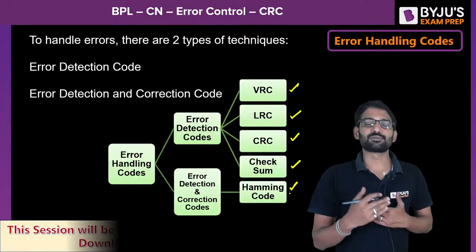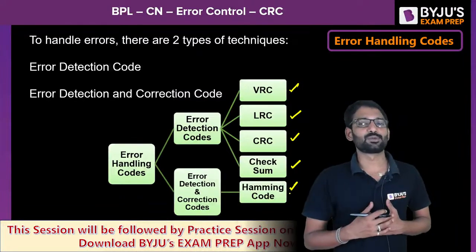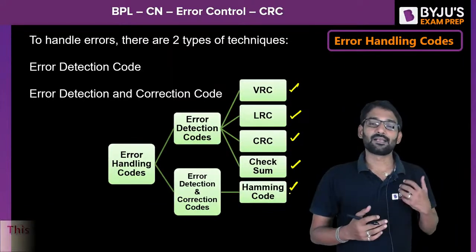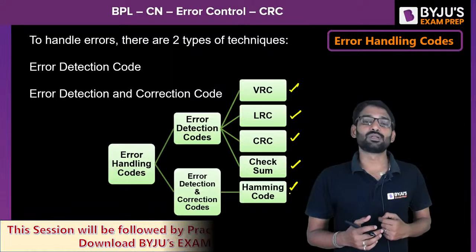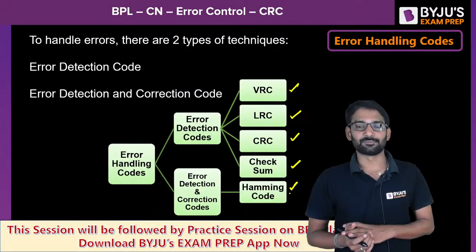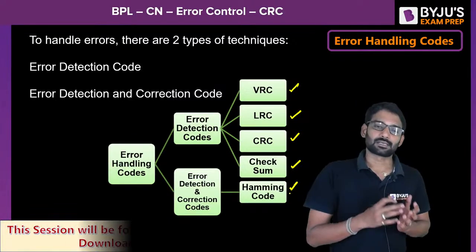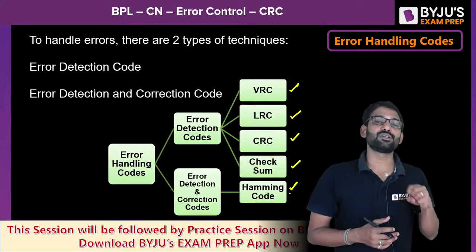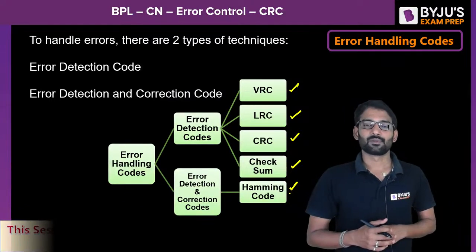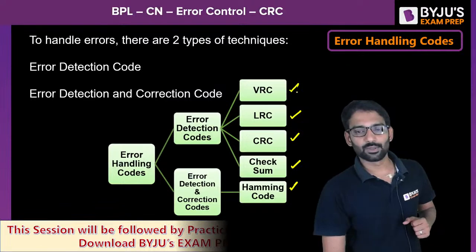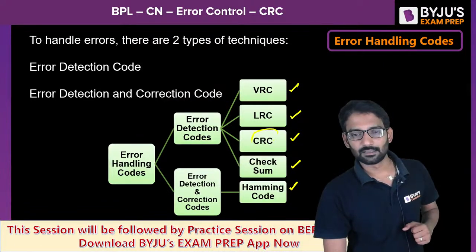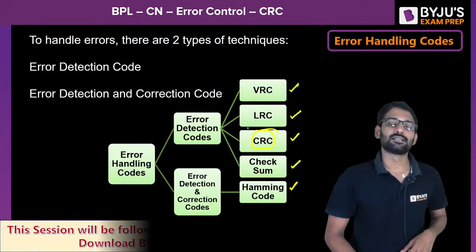What is the difference between detection code and correction code, dear friends? Detection code will find only the presence of an error, but correction code can find the position of it also, right? So today we are going to learn this cyclic redundancy check.